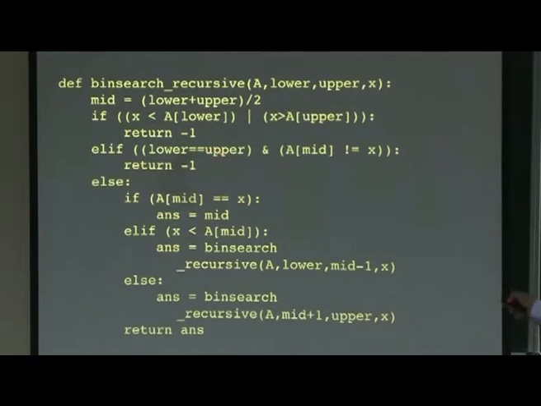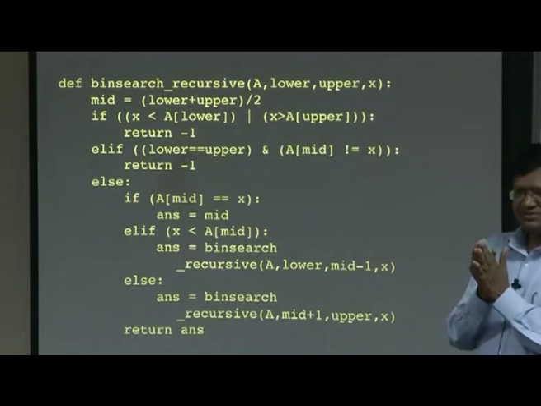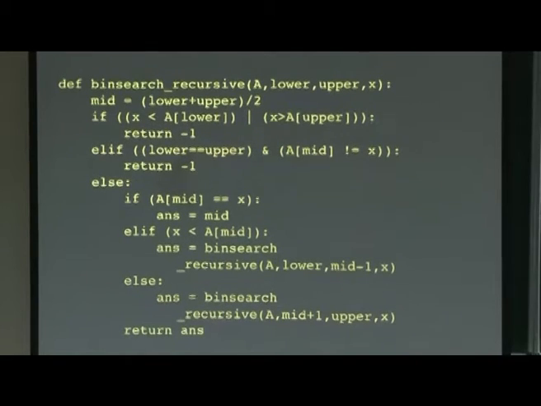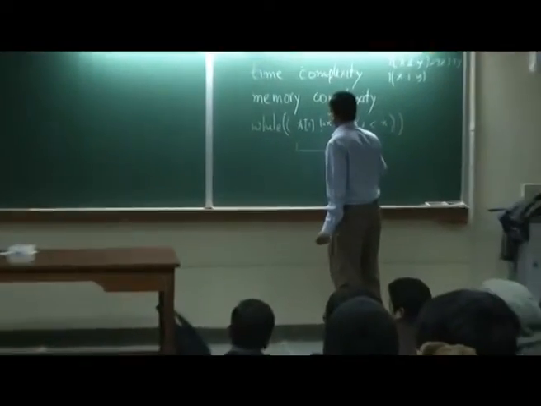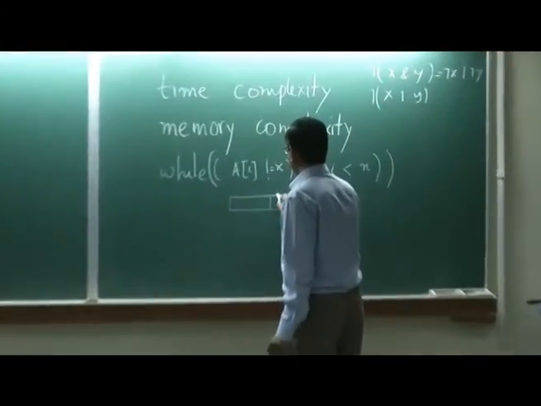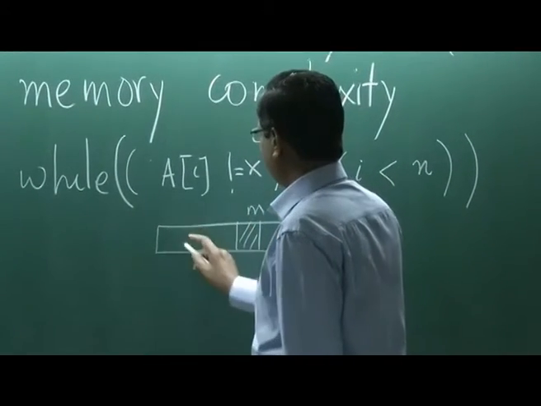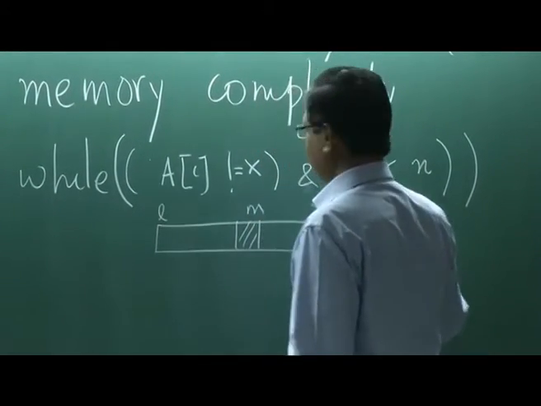Now, if this is also not true, then lower is not equal to upper and A[mid] is not equal to x. So, I had made this diagram. This is mid, this is lower and this is upper.